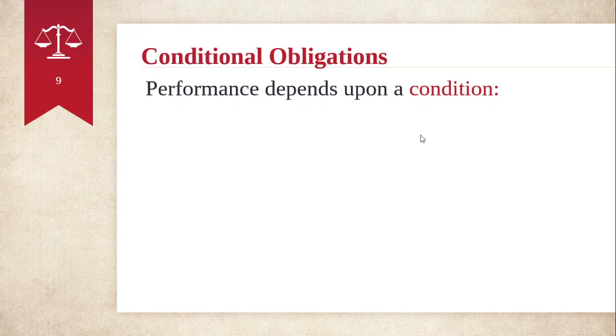But the question is, ma'am, what is this condition? In civil law, condition is considered as a future and uncertain event. Okay? Take note. Future and uncertain. Okay? So it means we are not yet sure. That is why I said earlier, unlike the pure, where you are 100% sure that there is an obligation, that you have something to receive, this conditional obligation is not yet sure. That is why it is called a condition. You are not yet sure whether it will happen or not, whether it will arise or not.